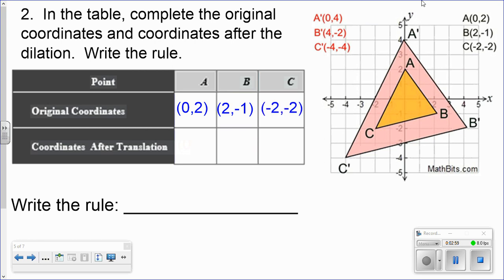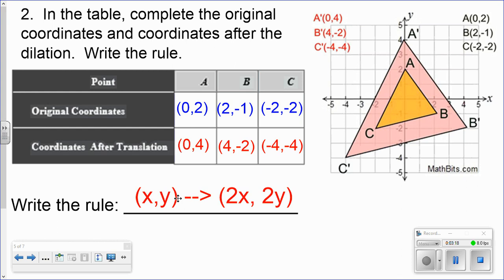The new ones, the ones with the prime, are (0, 4), (4, -2), and (-4, -4). So what's happening from the original coordinates to the coordinates after the dilation? You should notice that everything is being multiplied by 2. So my rule is (x, y) goes to (2x, 2y).